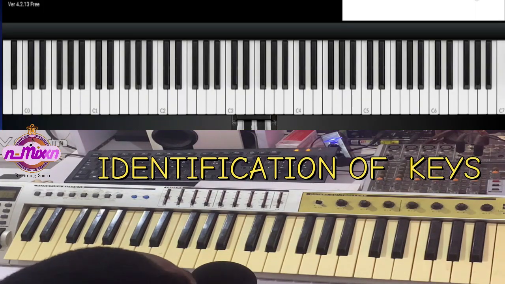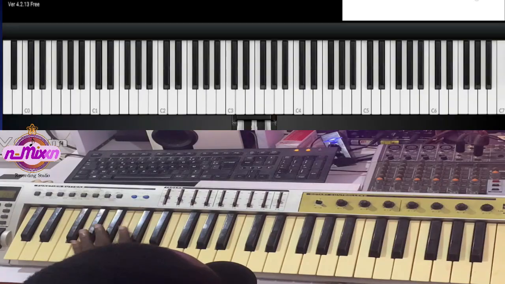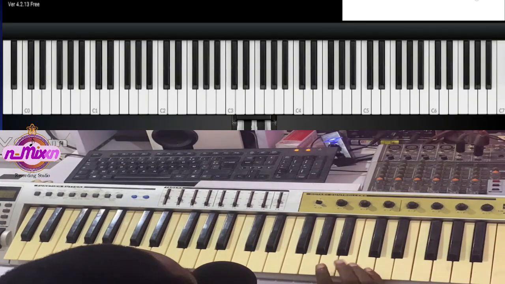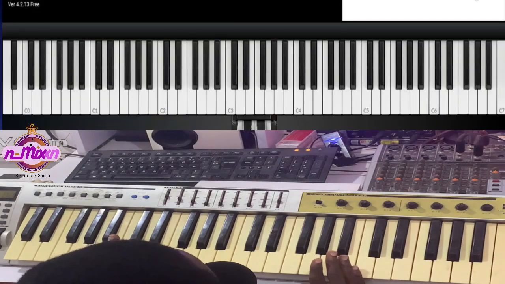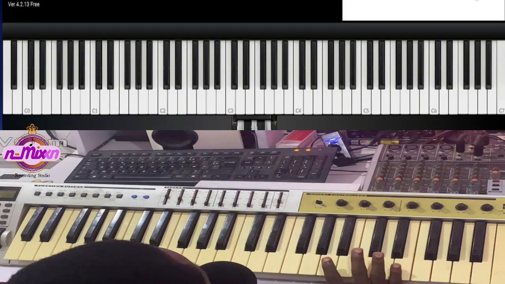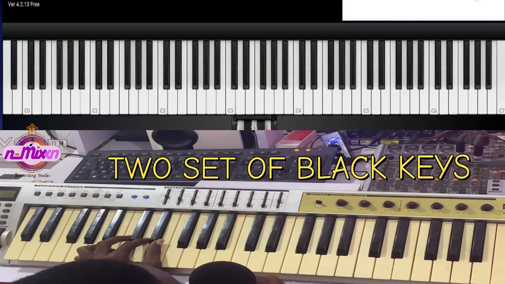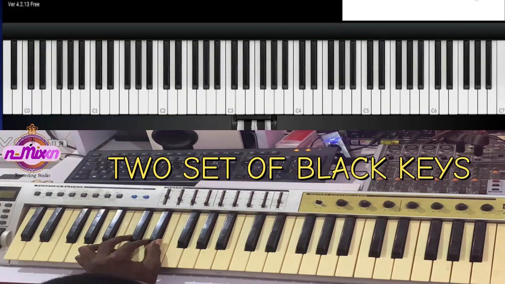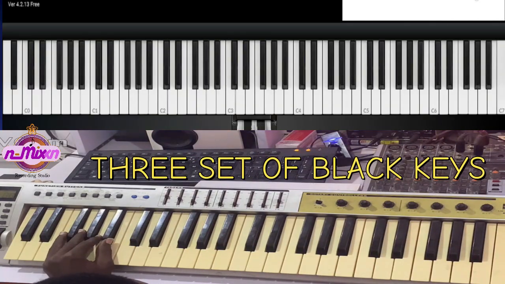Good. So as we can see, there are black keys and then white keys. And the black keys, if you notice carefully, you realize that they are arranged in what we call sets. Right from stage 1, we learn what is called a set in schools. So there is a 2 set here, as you can see. There is a 3 set here, 1, 2, 3.